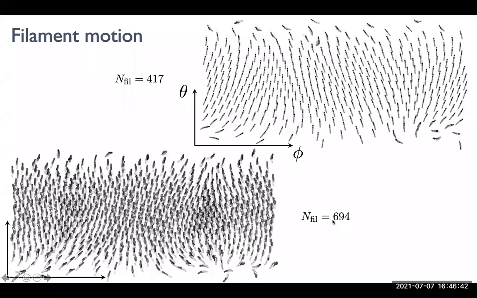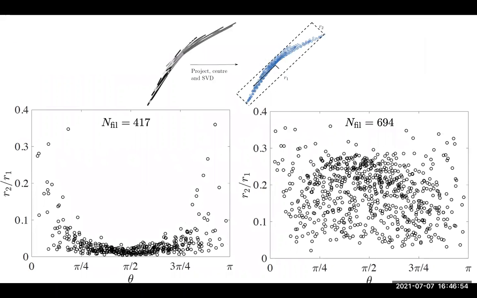And so you see that when you go to our higher densities away from the poles, you get a lot of non-planar beating. Another way of quantifying this is to take these projections of the filament motion onto the local tangent plane and decompose them such that you can draw a rectangle around the set of points that you obtain, and look at the ratio of the sides of this rectangle.